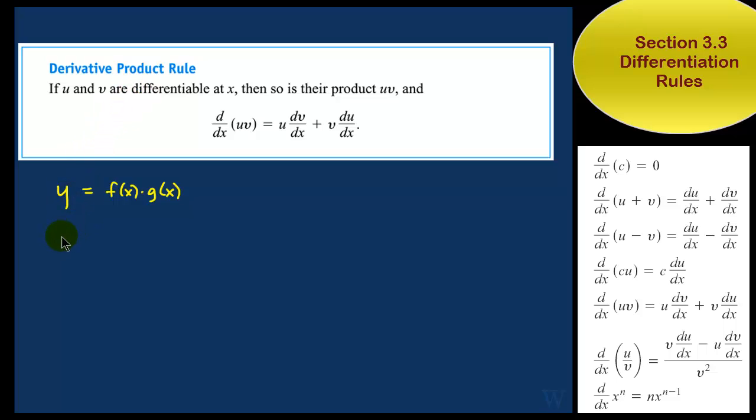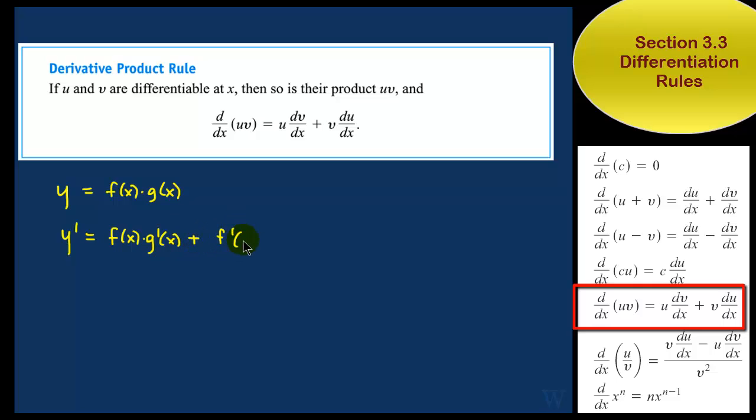By the product rule, y prime just says that I'll take f of x and multiply with the derivative of the other function plus f prime of x times g of x, the derivative of the first times the second.